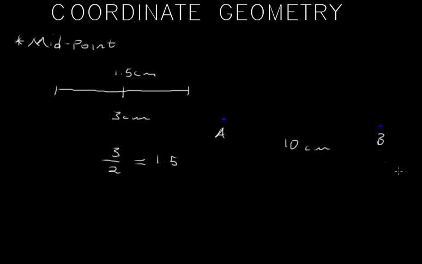And you're asked to identify the point C, which is in between point A and point B. If I tell you C is right in the middle of points A and B, you would easily identify C by saying C is simply half the distance between A and B. So the distance from A to C is half the distance of AB, and the distance BC is simply half the distance AB, which is 5.